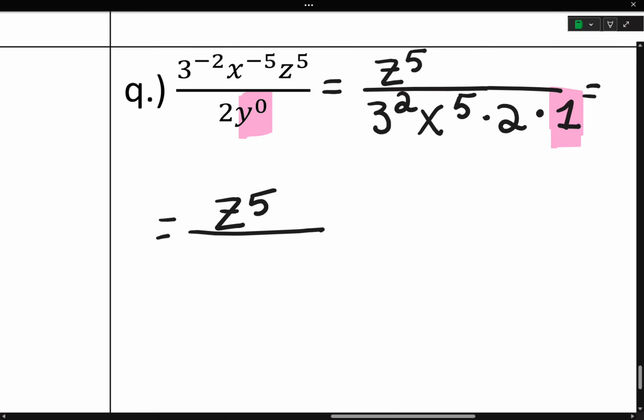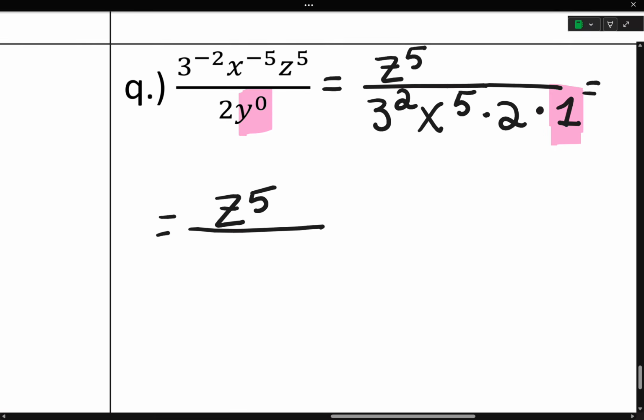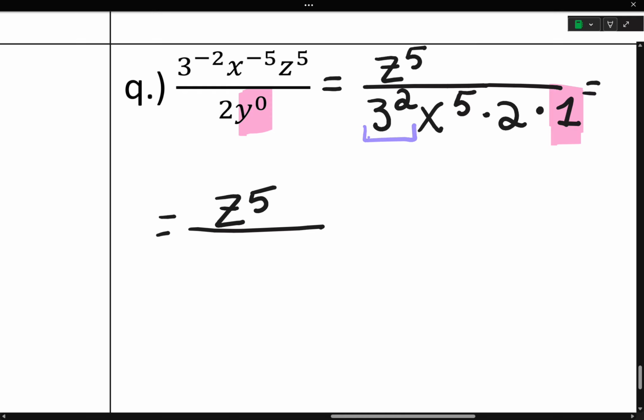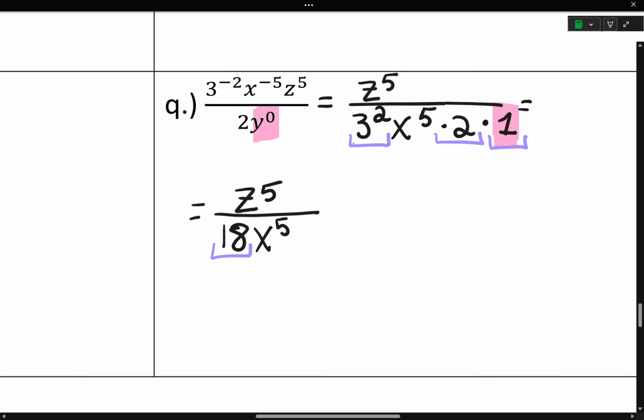Nothing changes about that. I can multiply all of these numbers on the bottom. So 3 squared times 2 times 1. That gives us 18. And x to the 5th is just x to the 5th. Perfect.